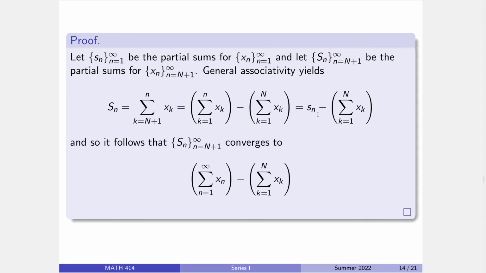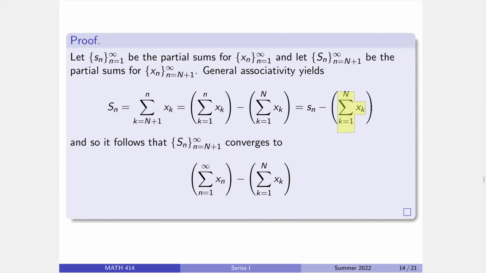General associativity, as we just proved, reveals that this plus this is equal to that. So this minus that is equal to this. So capital S sub n, which is that, is equal to this, which is little s minus that. Alright, so this is equal to that. This converges to the series.